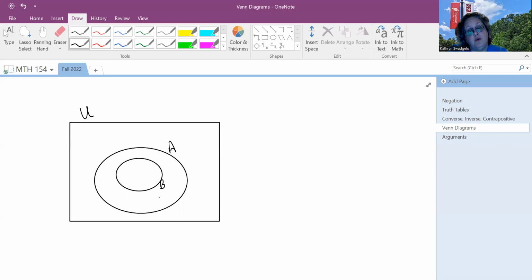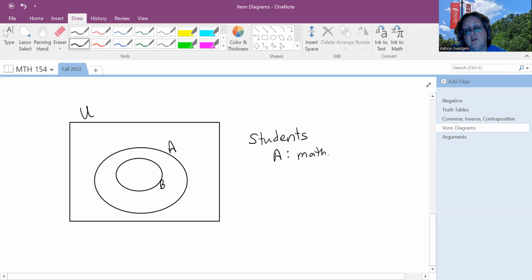So what's an example of something like that? The universe could be students, and A could be math students.